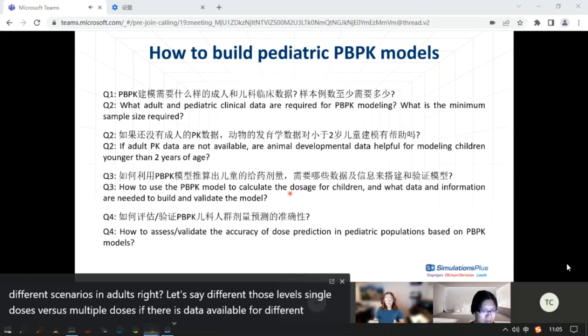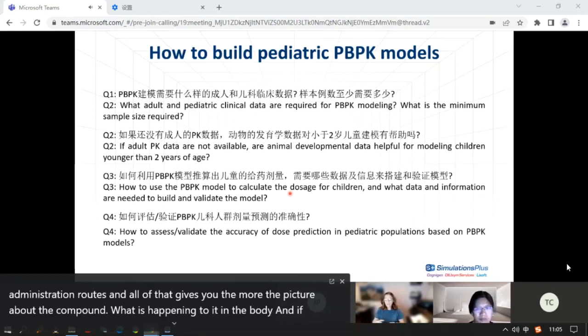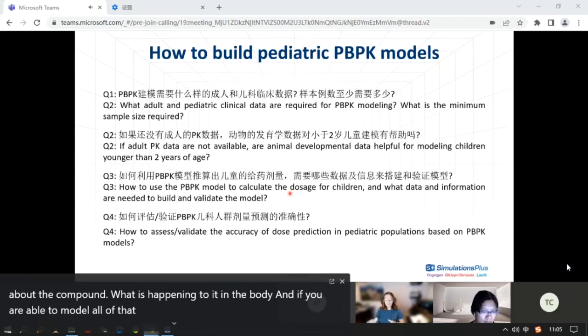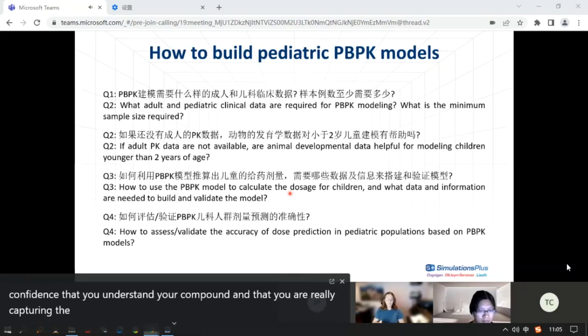All of that gives you the more complete picture about the compound, what is happening to it in the body. And if you are able to model all of that with a single model, that gives you confidence that you understand your compound and that you are really capturing the important mechanisms. And you can start doing prediction for children.